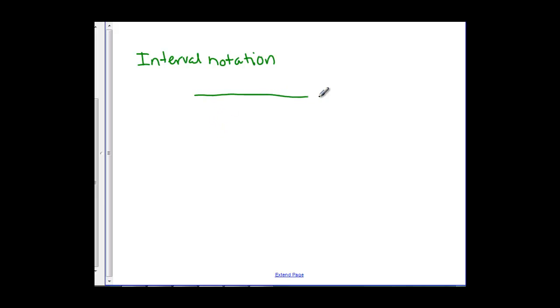So if we have something like this, and you all are used to seeing them this way, I think, with the open and closed circles, right? So I want to do interval notation for that red line. What would it be? Okay, I'll help you. But what goes in front of the -2? Parenthesis or bracket? Parenthesis.